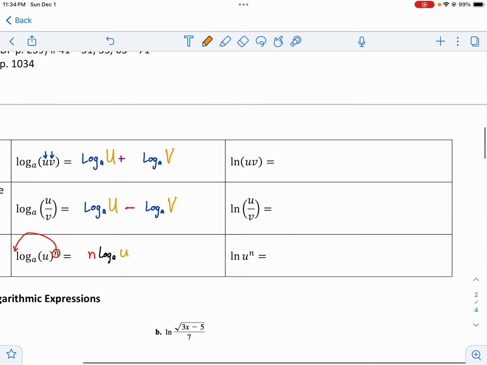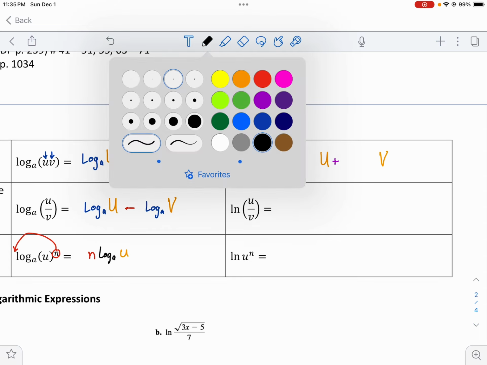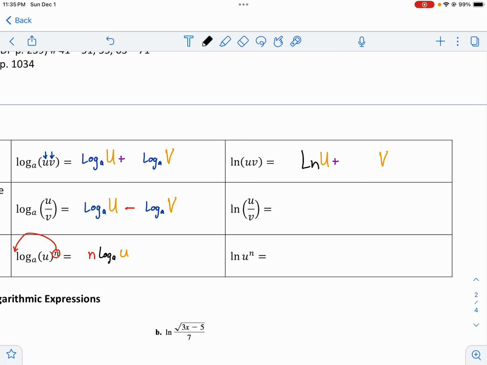It's just that instead of log, you have natural log. Right? And same here. It's just that now it's a subtraction. And same here where you can move the exponent to the front. So this is n natural log of u.